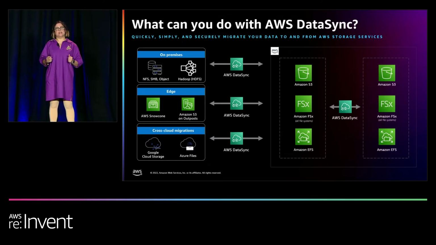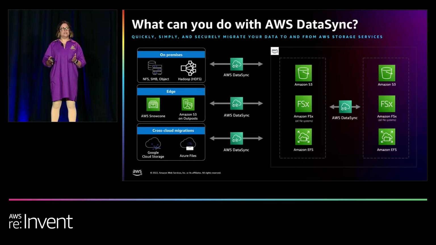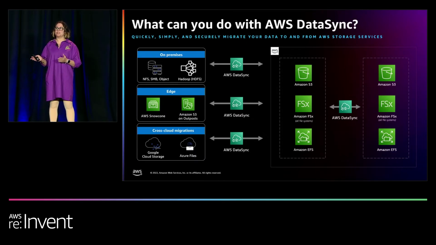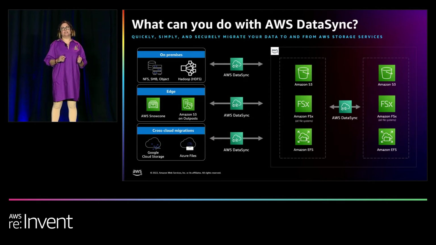In addition to that, if you have archived data on your Amazon Elastic File System that you want to move to Amazon S3, you can use AWS DataSync to move this archive data to the Amazon S3 archive storage classes, such as Glacier Flexible Retrieval or Glacier Deep Archive.